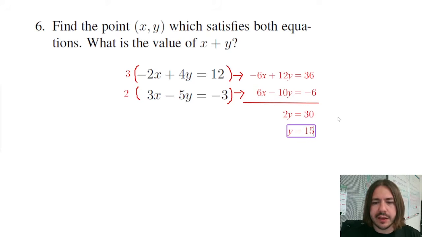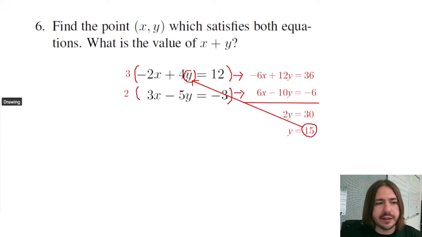So now I have y, and I still need to get x. So I'm going to plug in this value for y into one of the other equations. You can actually choose any equation you want. I'm going to go with this first one and substitute 15 in for y right here.